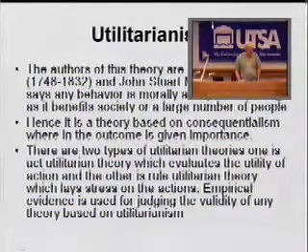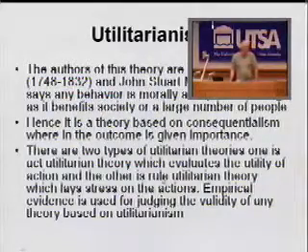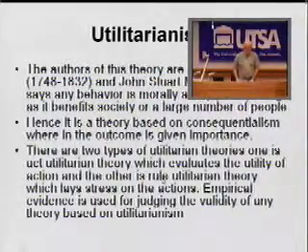So the empirical evidence is used for judging the validity of any theory based on utilitarianism. So there are lists of rules and acts that have been judged, and they are turned to in guidance, but not as a strict rule book to determine what the act or decision would be.